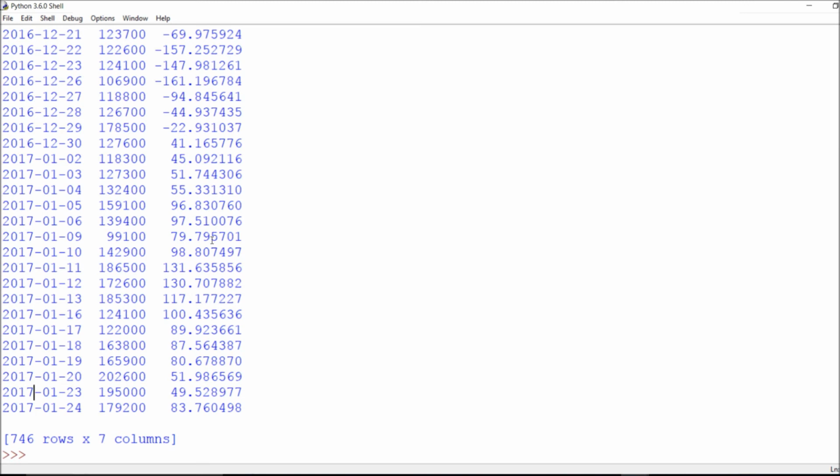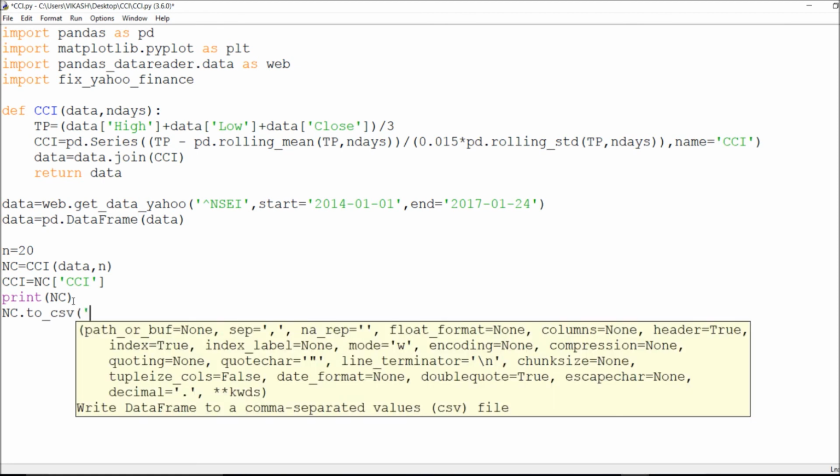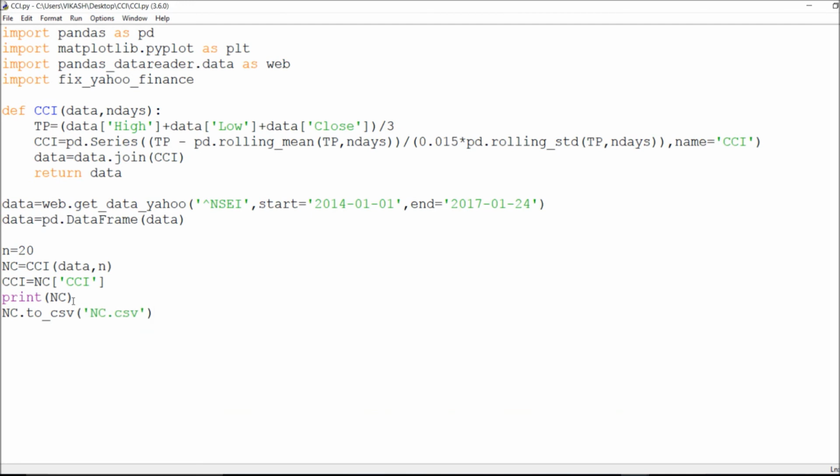Okay, so that's it. Whatever explanation I have given, I tried to code it here and extract it. Next, I need to extract this data into CSV. Whatever my Nifty commodity channel index value is, I need it in CSV. So I will say please print it out in CSV, save it and run it.